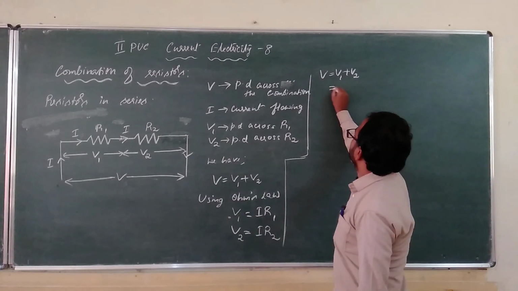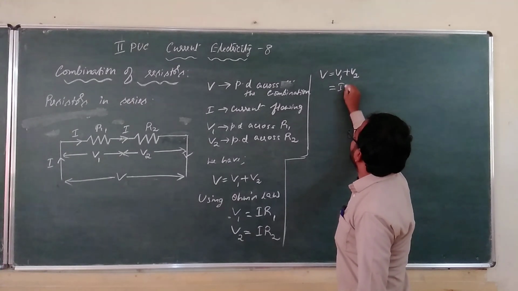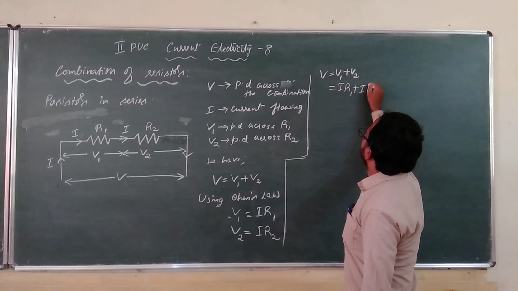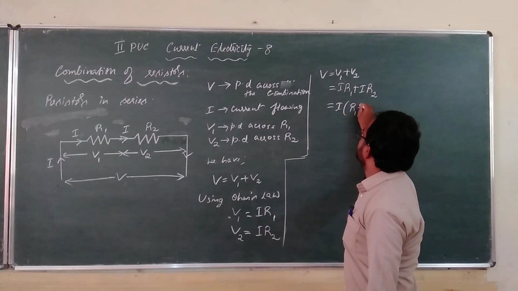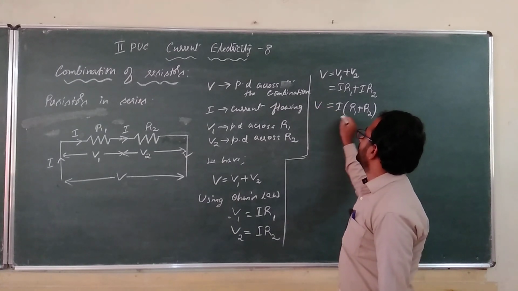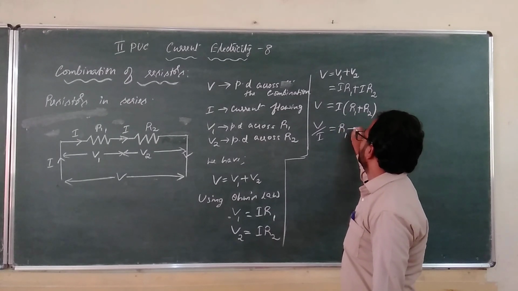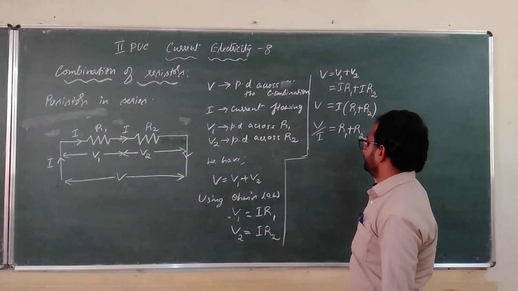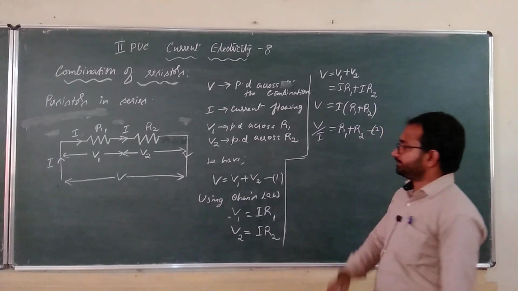V1 is I into R1, V2 is I into R2, so that is equal to I into R1 plus R2. Therefore V is equal to I into R1 plus R2, or V by I is equal to R1 plus R2. This is equation 2.